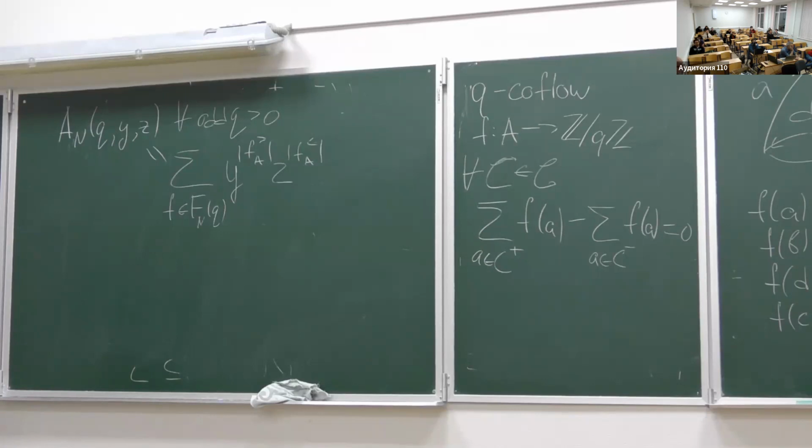But in spite of the fact that this is not obvious from the definition, this is also a polynomial in Q. It's obviously a polynomial in y and z, but it's in fact a polynomial in q as well.